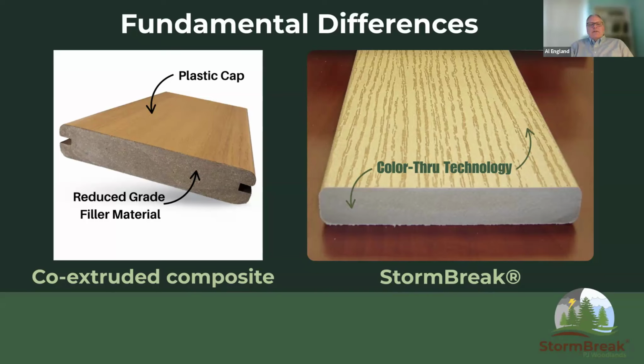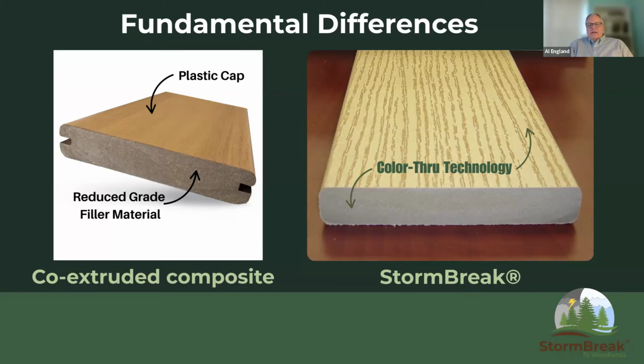Looking at some of the differences between the Stormbreak approach versus composite materials that are on the market today. Stormbreak is a different approach to WPCs. In the WPC world, most products are co-extruded with an all-plastic cap.